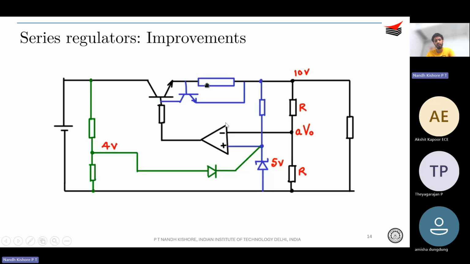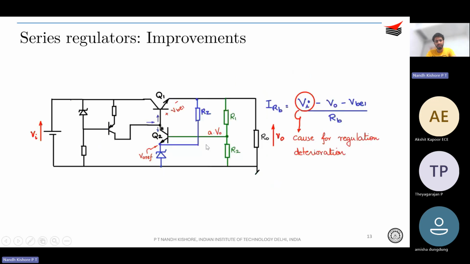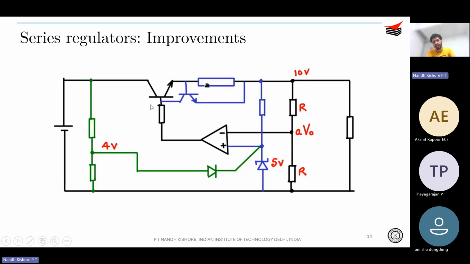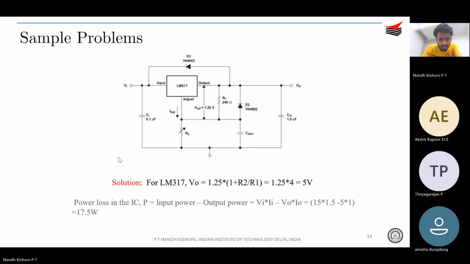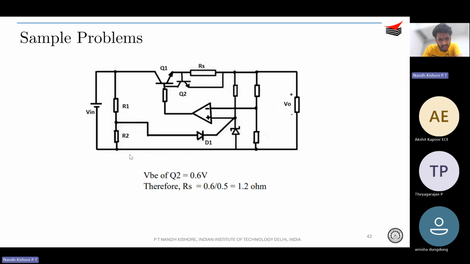Over there, you were using a BJT and controlling the current. Here, you are using an op amp and you put a resistor over here and you control the current. In this problem as well, it's the same principle. Instead of using BJT, they have used an op amp to subtract the actual value and the reference value.